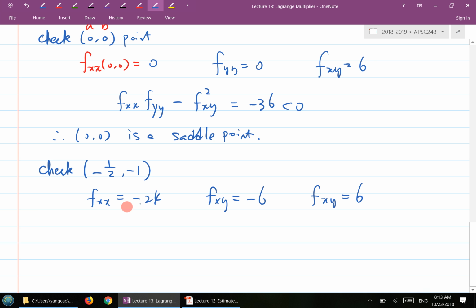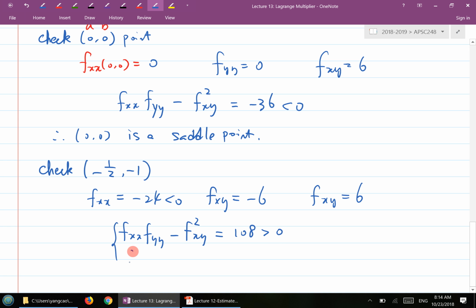Okay, so fxx is less than 0, and this expression, if you plug in all the numbers here, is equal to 108, and that's greater than 0.